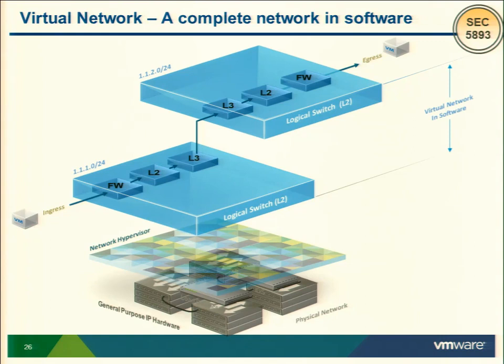Because it's in the hypervisor, if a conversation doesn't need to take place, it's blocked right at the source and the packet never leaves the host. Or if two workloads that need to talk to each other are locally protected, even in the same logical network, a very common term for this is zero trust. You can implement zero trust security with this firewall in your data center.